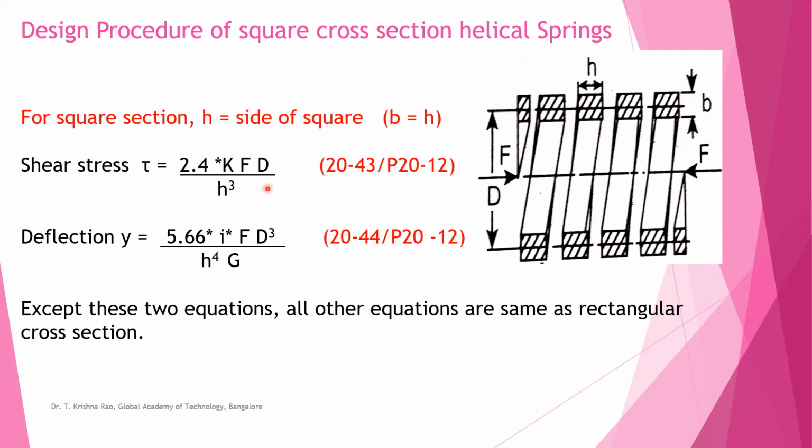If you substitute these values in the equations of rectangle, the tau equation simplifies to 2.4 kfd into h cube, and the deflection equation simplifies to 5.66 IF d cube h power 4 by g. They are given separately in page number 12, 2043 and 2044 for square cross section. Everything else is the same as earlier. B equal to h is the only thing for square cross section.